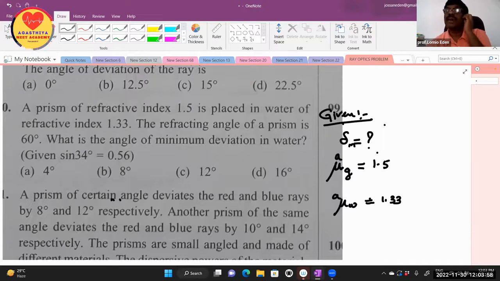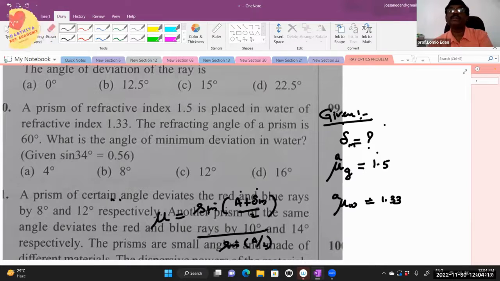Now, how to find out del m? Del m is found using the formula sin of (A plus del m) divided by 2, divided by sin of A by 2. Using this formula only, we can calculate del m.